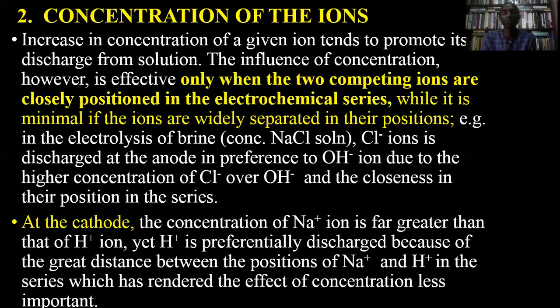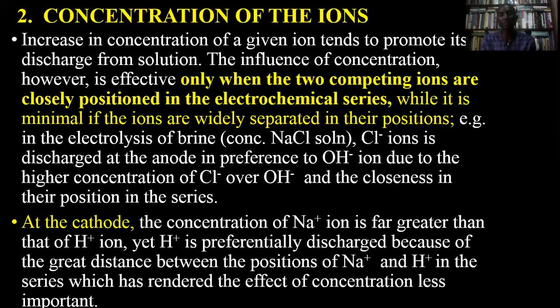Now, in the same electrolysis of brine, when you go to the cathode, which has to do with the cations, we have a high concentration of sodium ion there. We also have hydrogen ion. But the distance between the sodium and hydrogen ion is very wide.